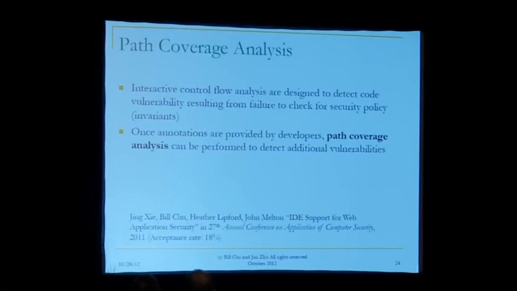We're assuming that the developers are going to give us those invariants, and then our goal is to look at all possible paths throughout the execution of the program, and see if all the paths are covered by Boolean checks. If they're not covered, then that signifies some kind of a bypass problem.